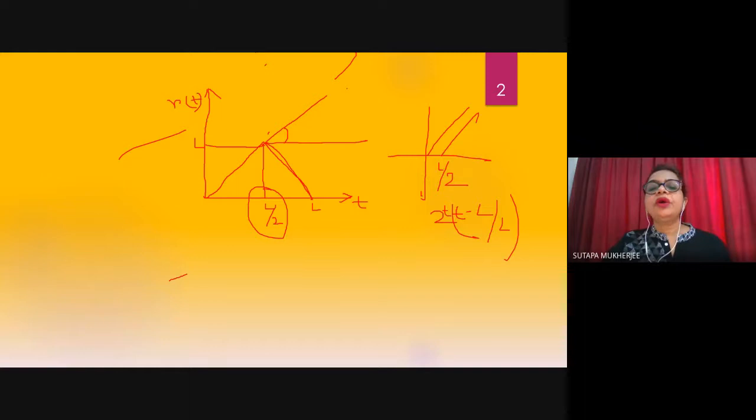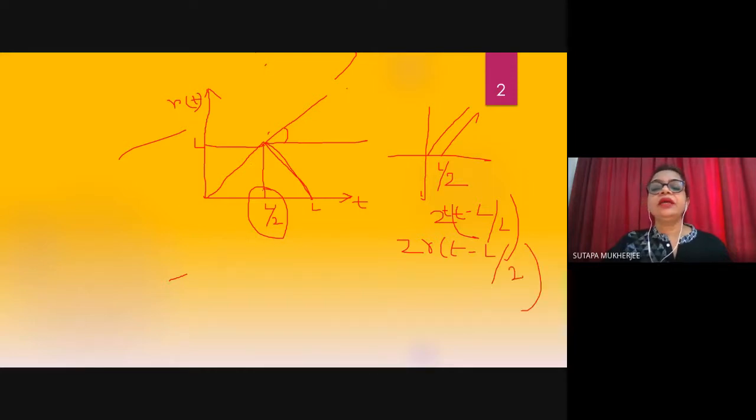So how can you represent this one? Because this is represented by the slope into T minus L by 2, basically slope R T minus L by 2. Is it clear?